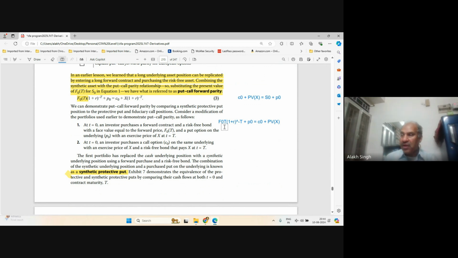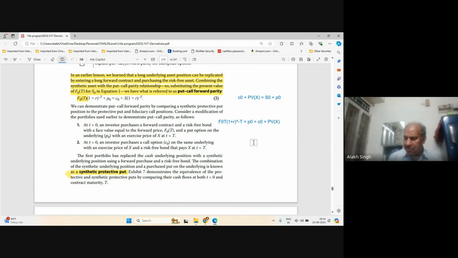Otherwise, F0T is not zero. It has some value like X in our case. So we have this present value of X plus P0. This is called synthetic protective put because this is not the underlying but F0T.